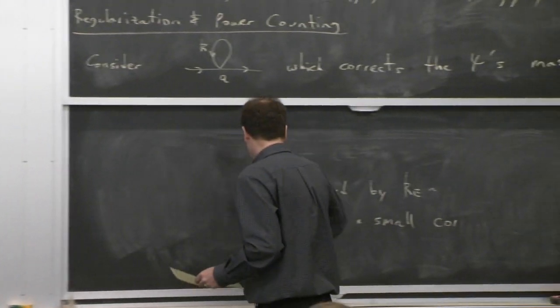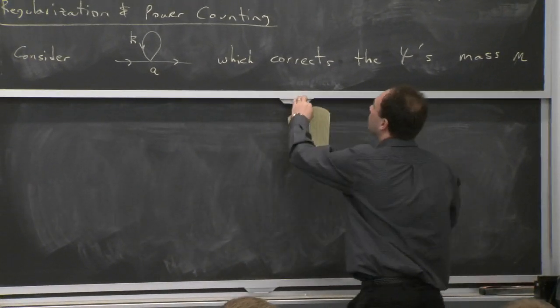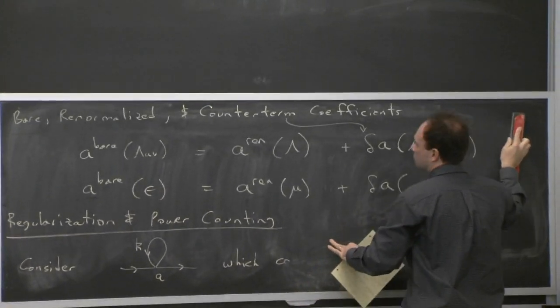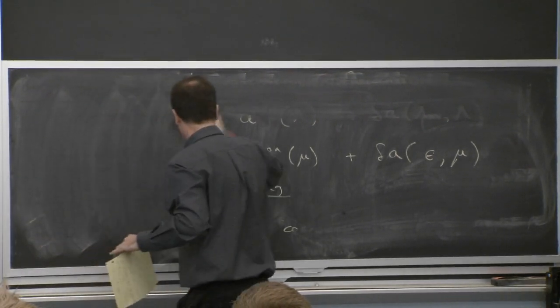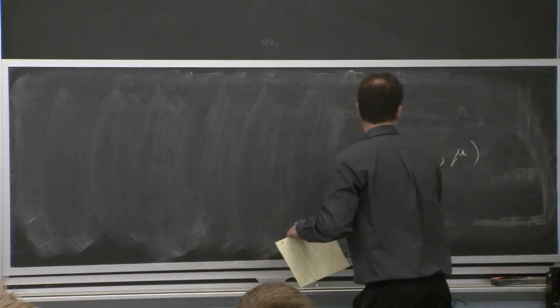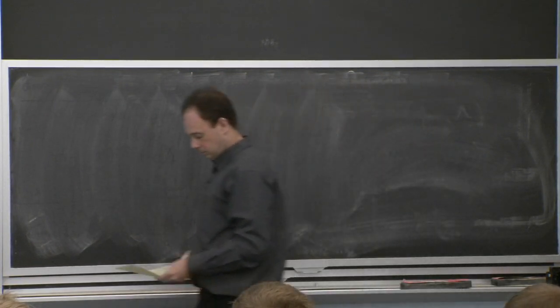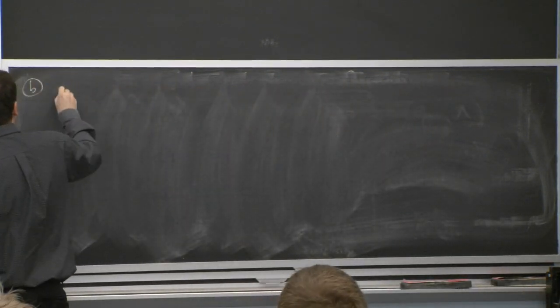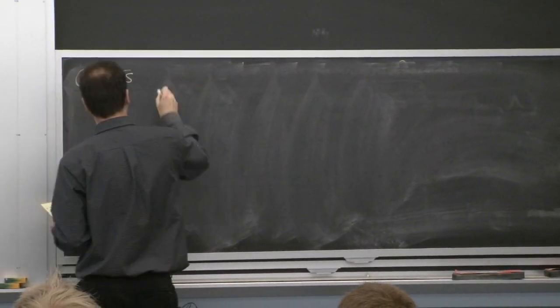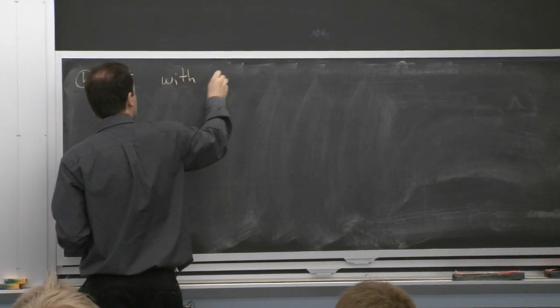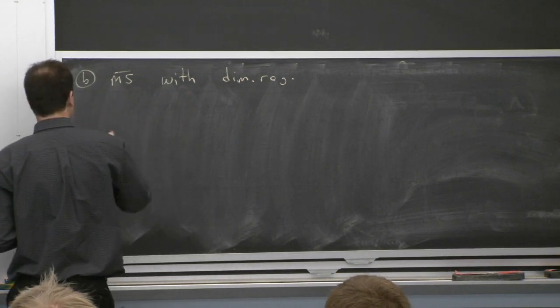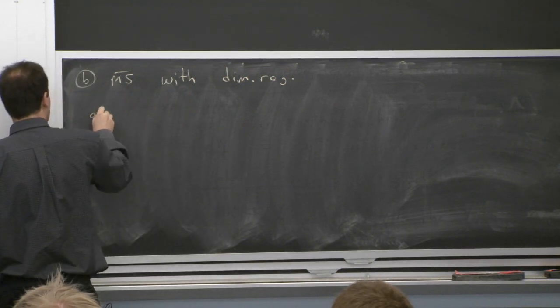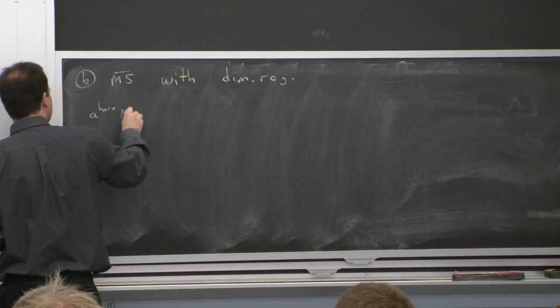So let's do it with a different regulator, which is dimensional regularization. Let's see what happens. Using the MS bar scheme, same calculation.